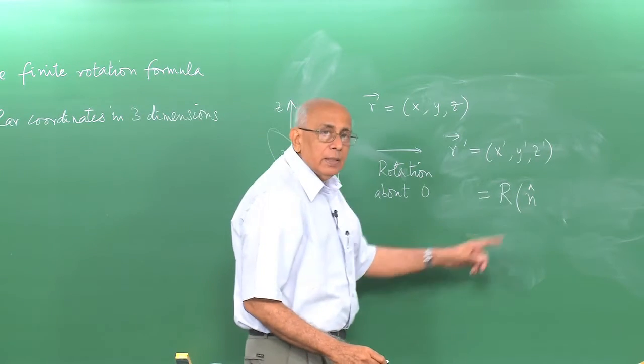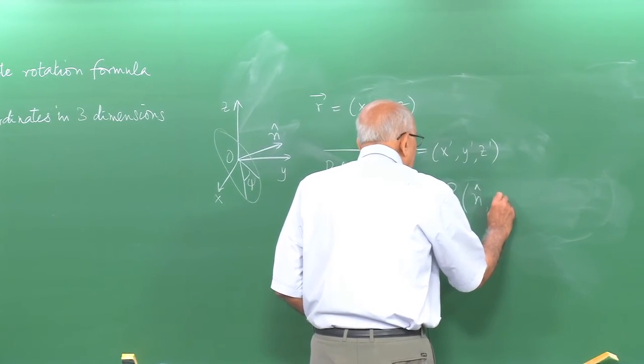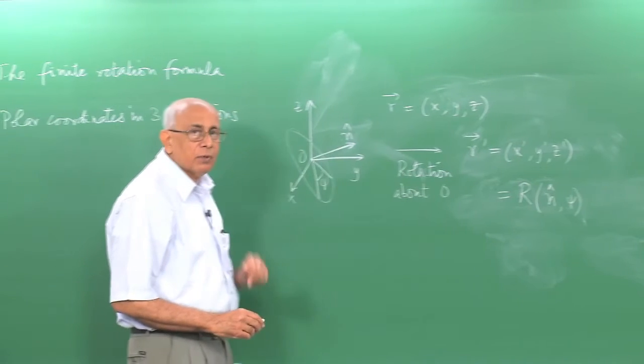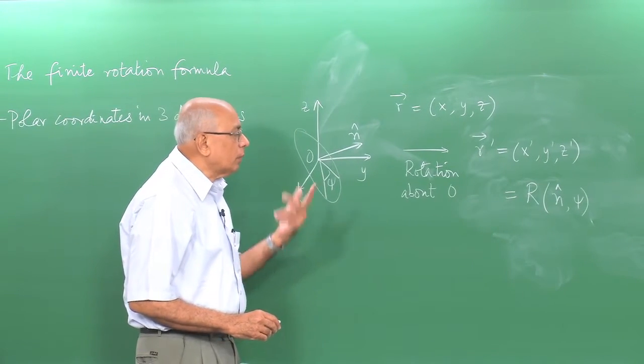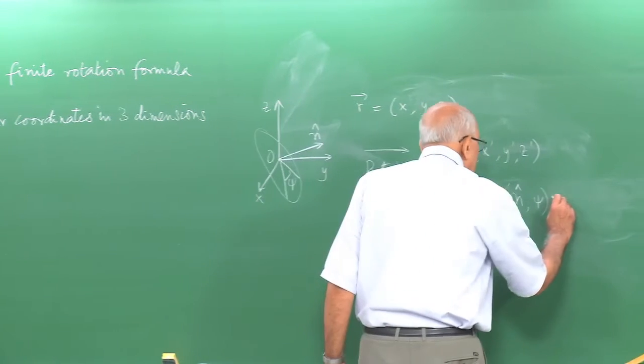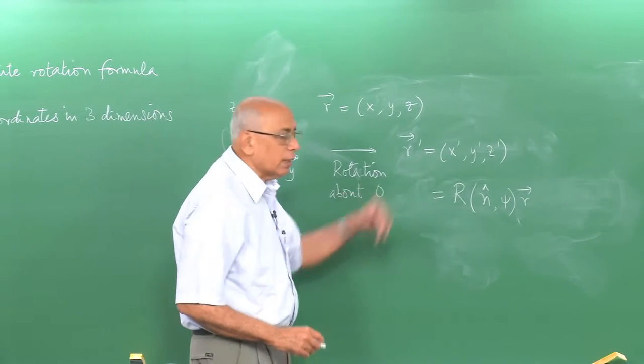So the rotation is parametrized, as we say, or specified by specifying the unit vector which tells you the direction or axis of rotation and the amount by which you rotate, which is this angle psi. This matrix, when it acts on R written as a column vector, produces the new coordinates out here.